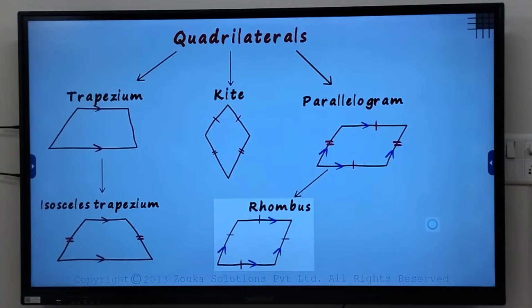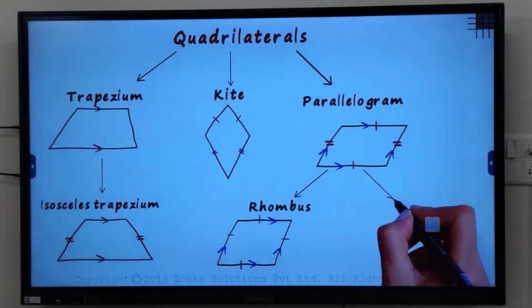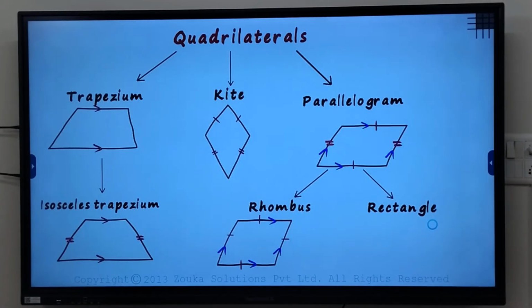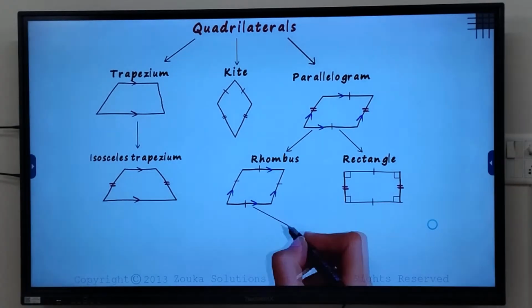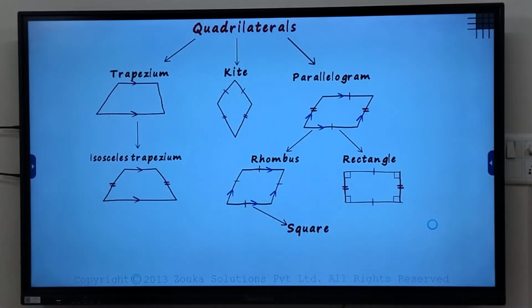If you observe carefully, it satisfies all the properties of a parallelogram. Another special case of a parallelogram is a rectangle. It looks like this. It is a parallelogram which has all its angles equal to 90 degrees. And since it's a parallelogram, its opposite sides are equal too. Let's zoom out a bit and see the last special case. A special case of a rhombus is a square. It will have all the properties of a rhombus.